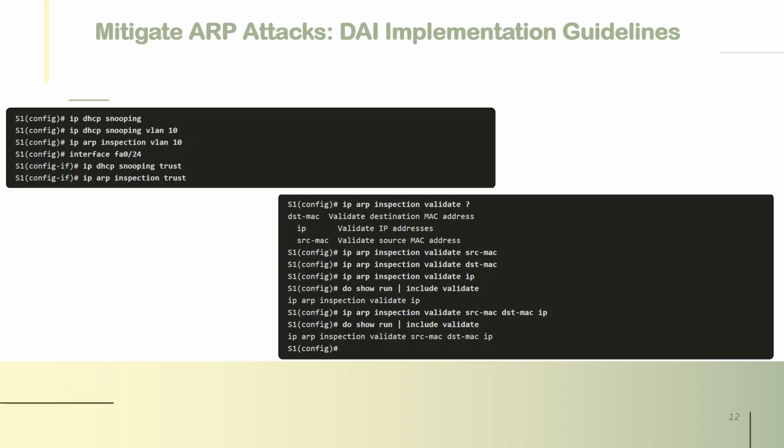Here in this example, we will see how only one command can be configured. Therefore, entering multiple ip arp inspection validate commands overrides the previous command. To include more than one validation method, you have to enter them on the same command line as it is shown here.